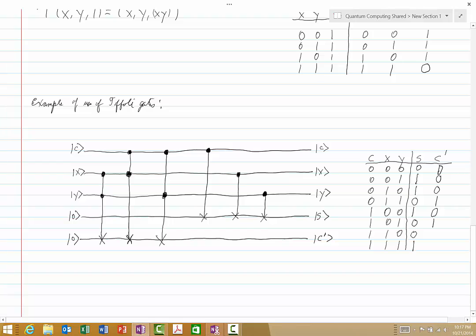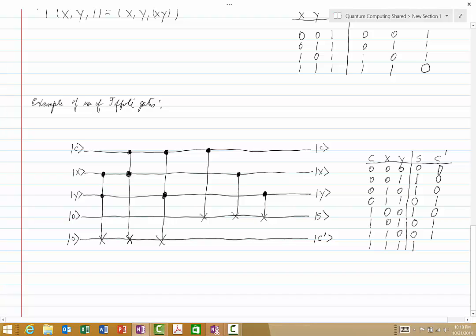And likewise in this case, C and X are both 1, but Y is 0. So this Toffoli gate will cause an inversion, but this one will not, and this one will not, because for both of those it depends on Y, and Y is equal to 0. So we have only one inversion here, 0 becomes 1, so C prime is 1.